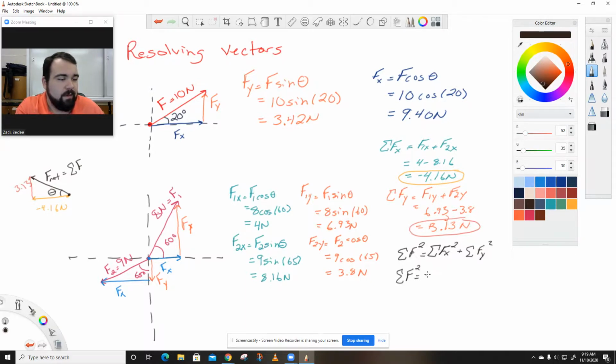So we get negative 4.16 squared and 3.13 squared.